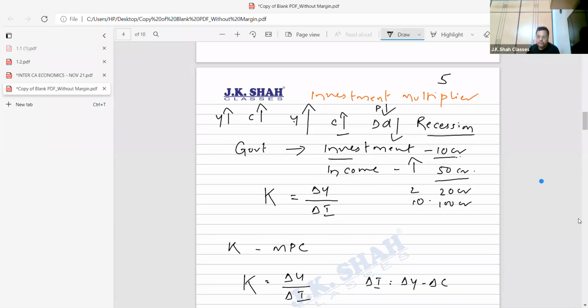According to Lord J.M. Keynes, when income increases, consumption also increases.